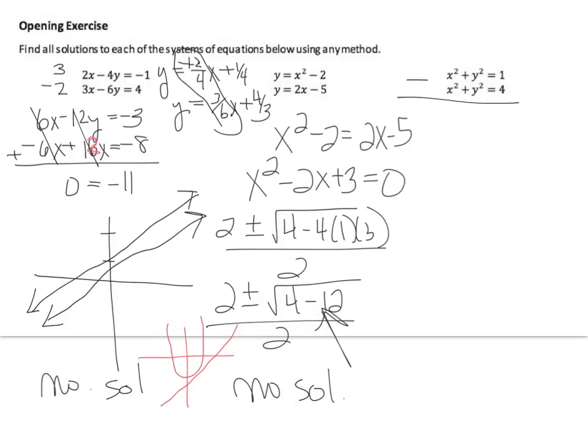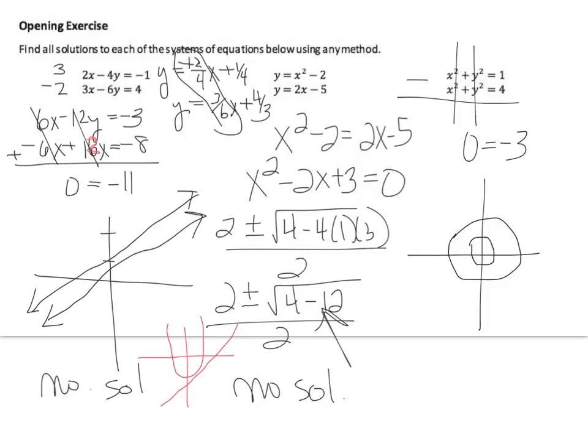Actually, I'm going to subtract them. I'd get cancel, cancel, 0 equals -3. Another one. If I graph them, I have a circle at center origin, radius of 1, and a circle at center origin, radius of 4. They don't cross each other, therefore there's no solutions.